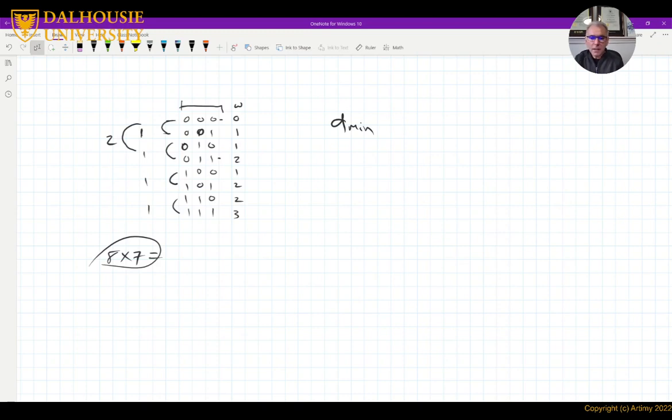And if I take the floor of (d minimum minus 1) divided by 2, and take the floor means, well, 1 minus 1 is 0, divided by 2 is 0, so the floor is 0. But if the distance is 0.5, then the floor is the next lower integer. So the floor of 0.5 is 0. The floor of 1.8 is 1, because this is the lowest integer.